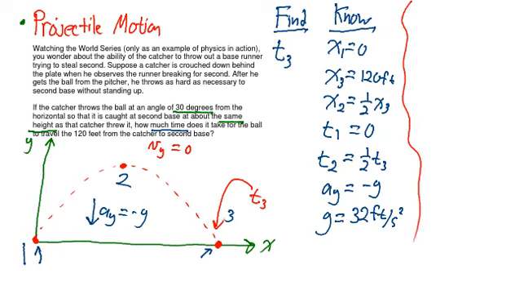It may be easier for us to find the value of T2, which is how long it takes for the ball to get to the top of the motion. That T2 may be in terms of the initial velocity v1, but we can at least find an expression for that, and then once we've got that value of T2, we can double it to find the value of T3. That's our strategy.